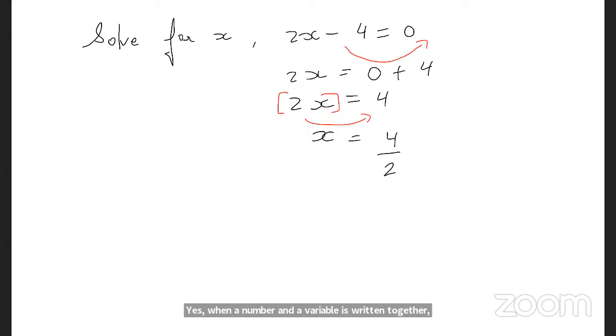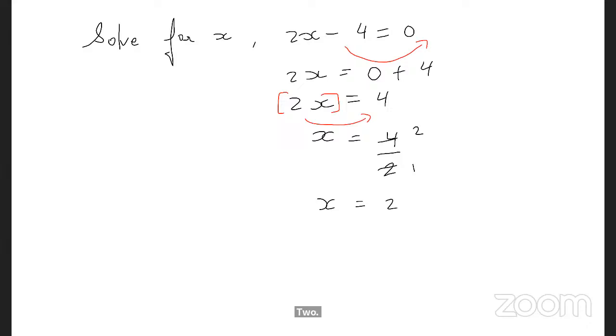So when it goes there, multiplication will change to divide. That is why we have put 2 below 4. Then we can cancel them. 2 ones are 2, 2 twos are 4. So x will be equal to 2. Okay, this is how we solve it.